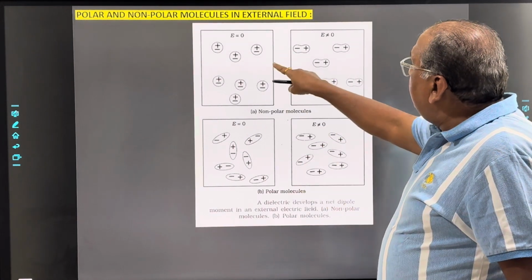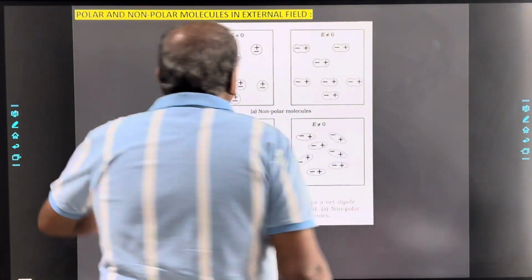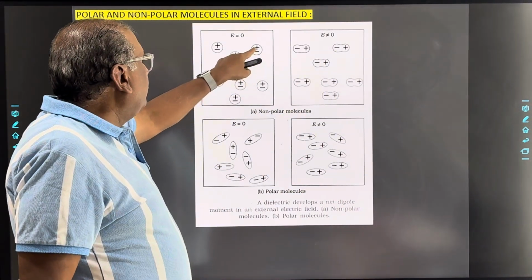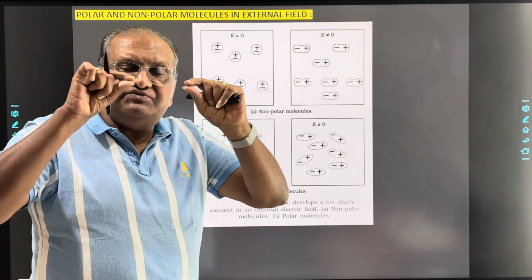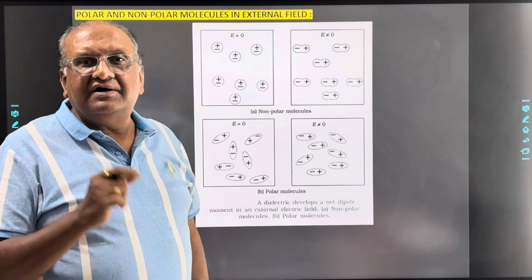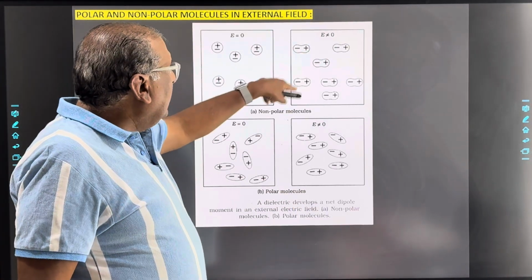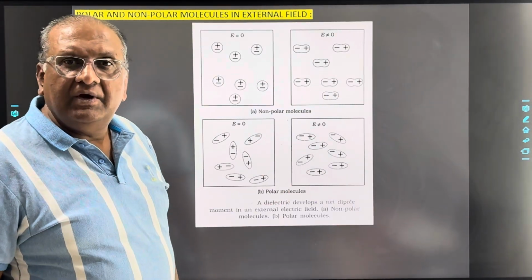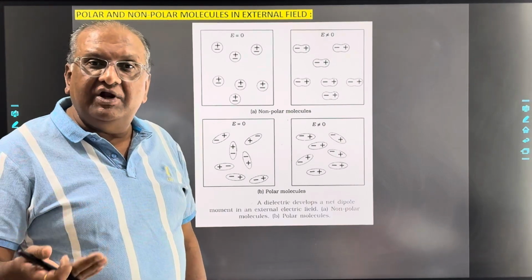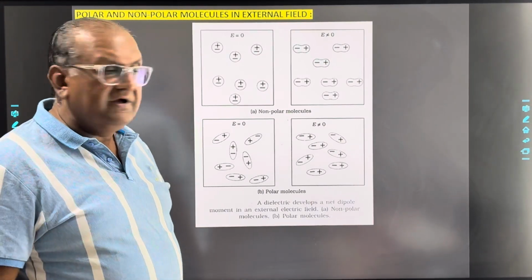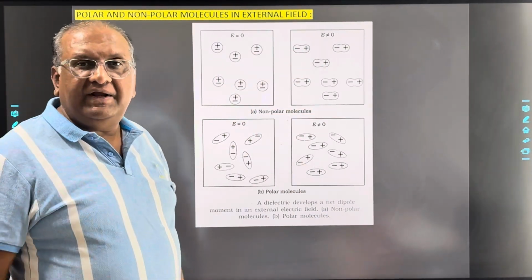But if it is placed in the external field, then due to the force on positive and negative charge, these centers of positive and negative charges will be displaced under the effect of this force of external field. And now each molecule will possess some dipole moment, or we can say for each molecule the dipole moment will be induced. So here some net dipole moment will be obtained.